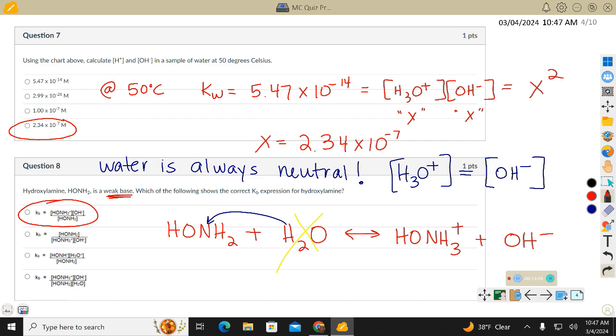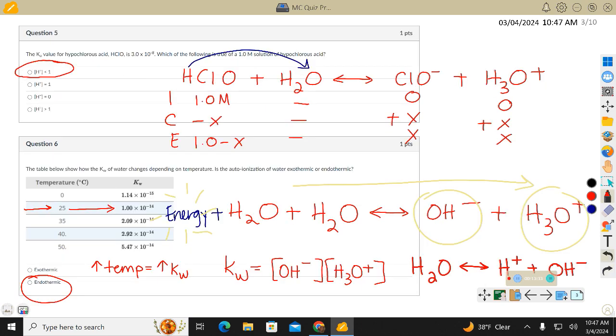Kw is only 1.0 times 10 to the negative 14th at 25 degrees, and they'll specifically say that in the packet. Often we just use Kw as 1.0 times 10 to the negative 14th, but really only at 25 degrees Celsius, which is kind of close to room temperature for water.